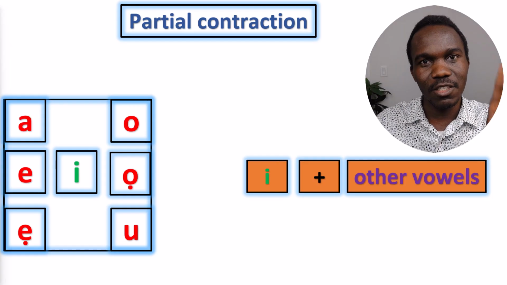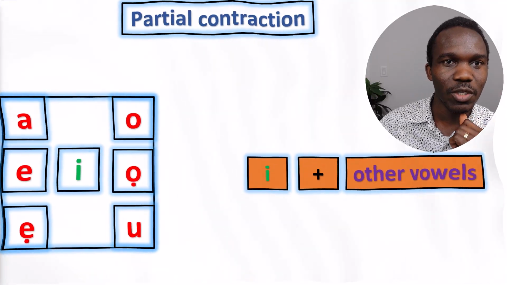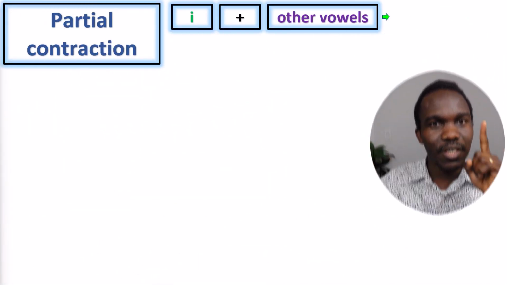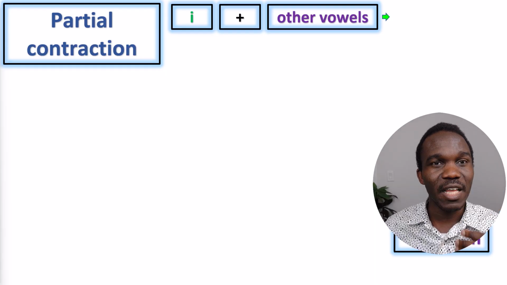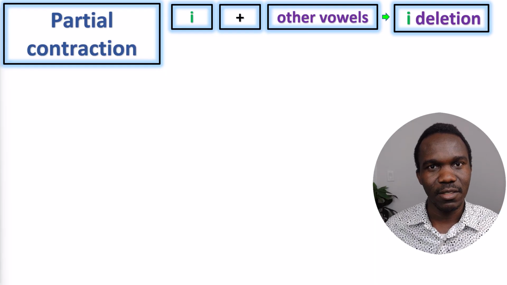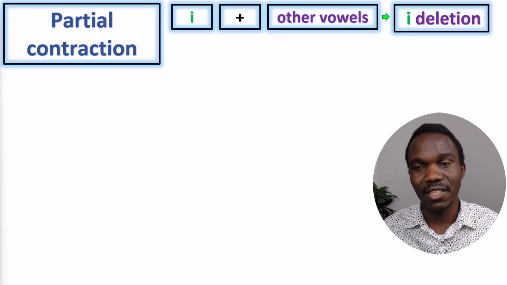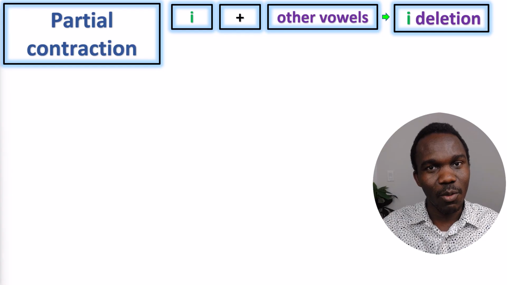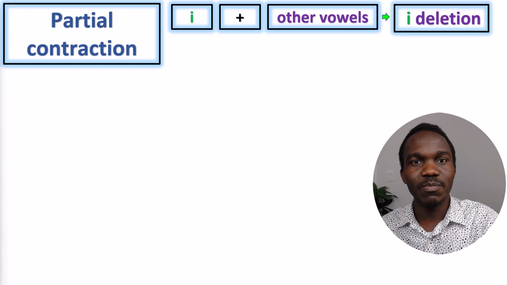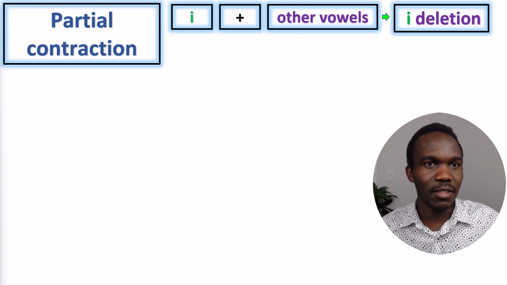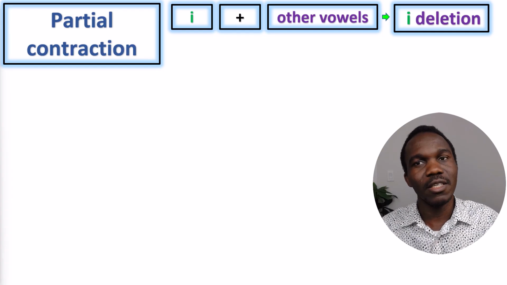As long as E is not on both sides, this rule applies, and I'm going to tell you what the rule is. If E is just appearing at one side, then E gets deleted. If the E appears in the beginning word, it gets deleted. The other vowel will win. Even if E is beginning the next word and the other word ends without E, E still gets deleted.